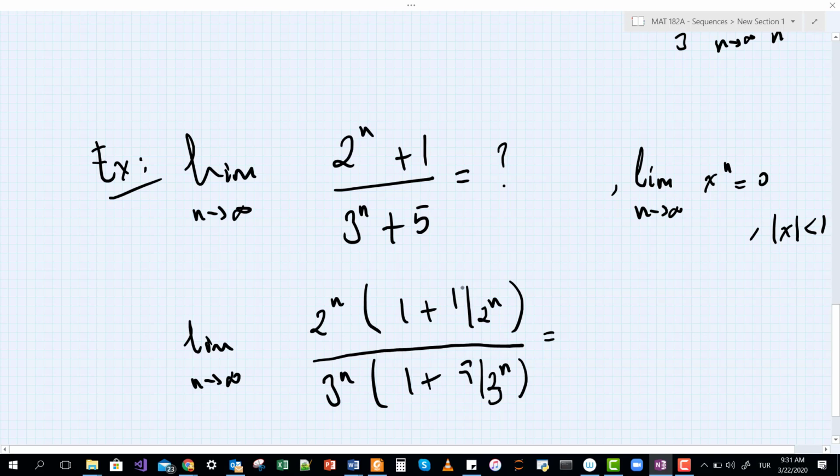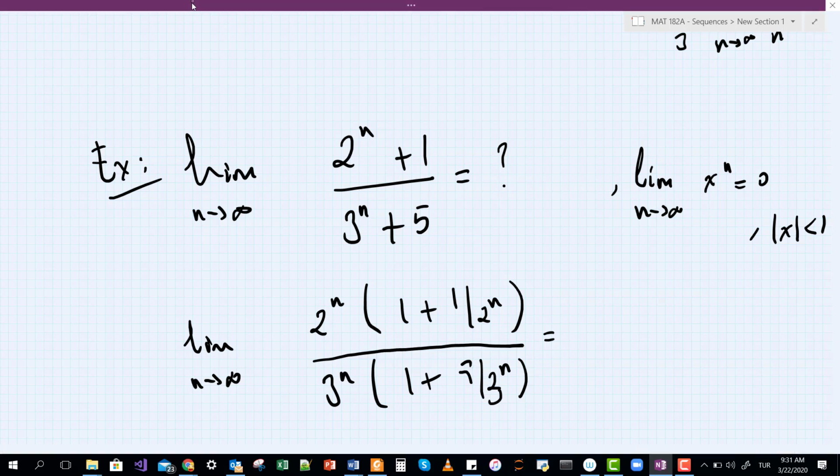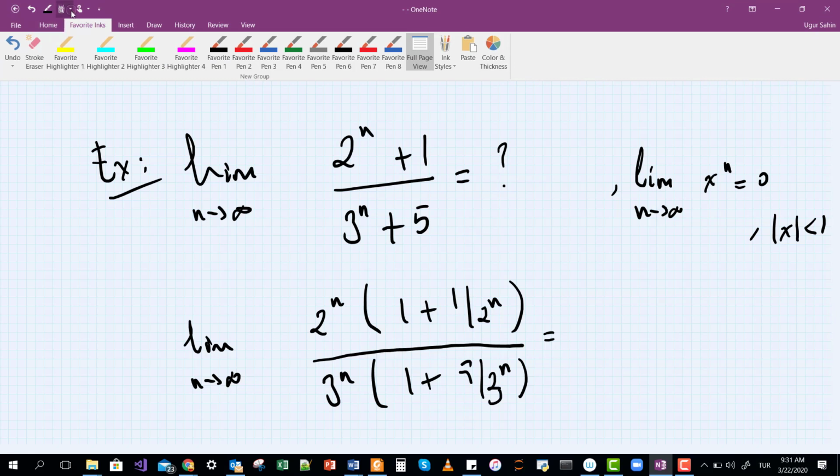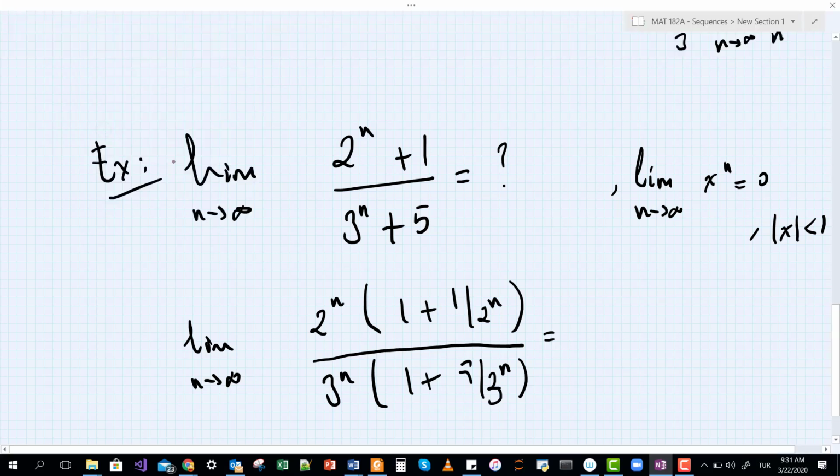You see, guys, I have a term here, look at that, x is equal to 1 over 2, and another x I have here is 1 over 3. So I can use my feature to get their limits. So their limits are going to be 0. Great.